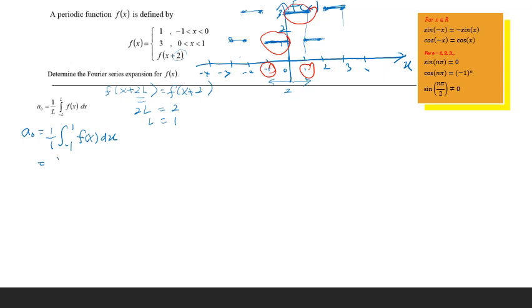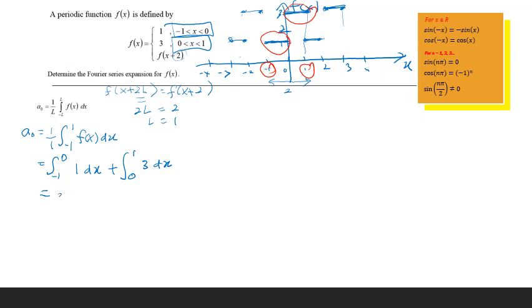The first function has lower limit -1 and upper limit 0, so the integral from -1 until 0 of 1 dx, plus, next, from 0 until 1, the function is 3, so the integral of 3 dx.